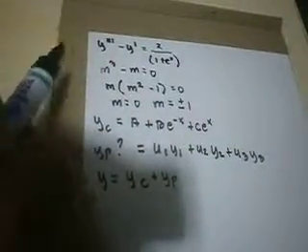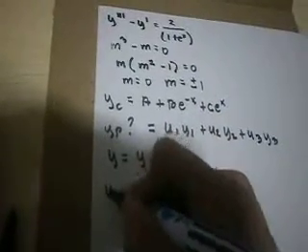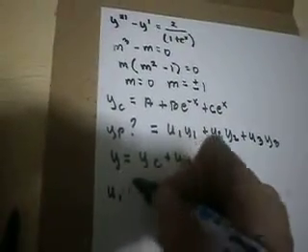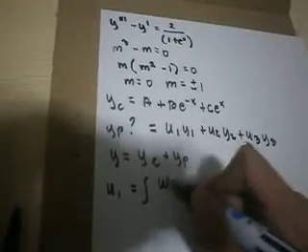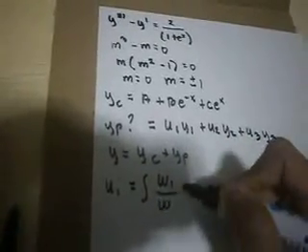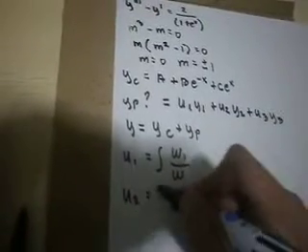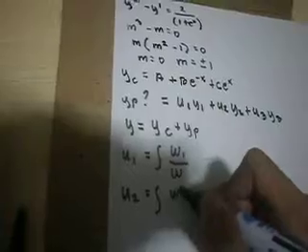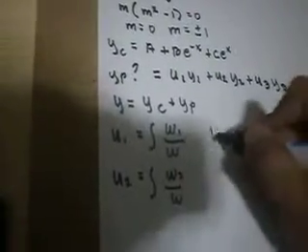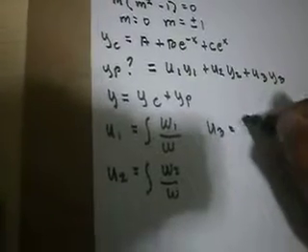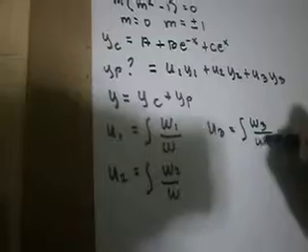In order to find u1, we have this formula: u1 is the integral of w1 over w, u2 is equal to the integral of w2 over w, and u3 is equal to the integral of w3 over w.